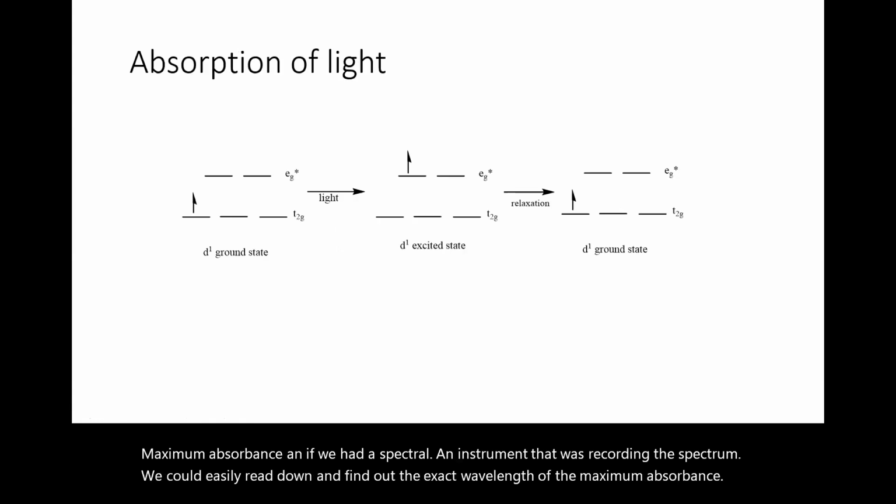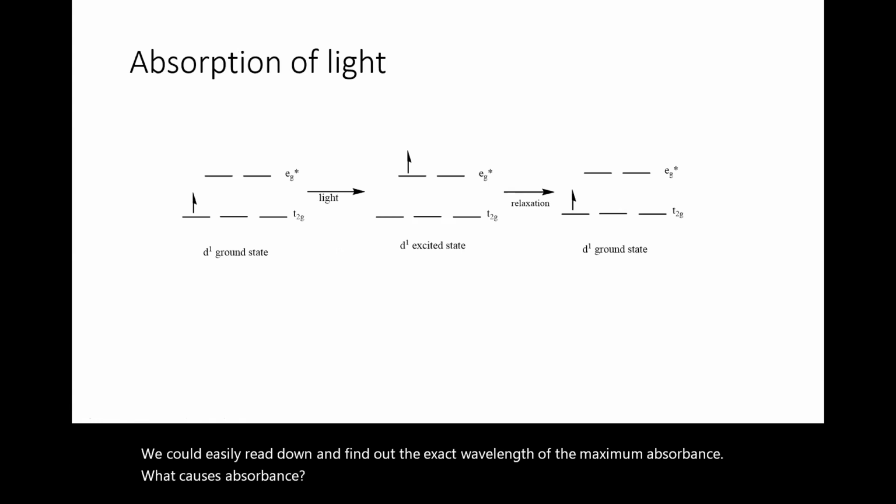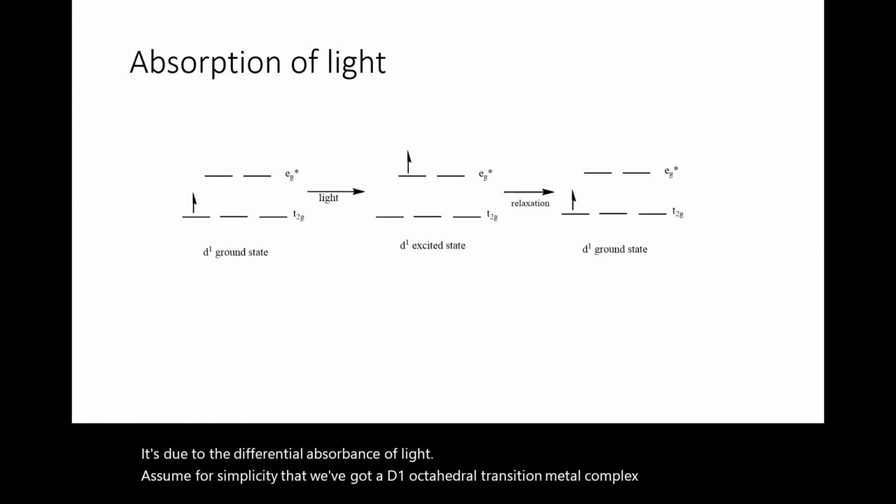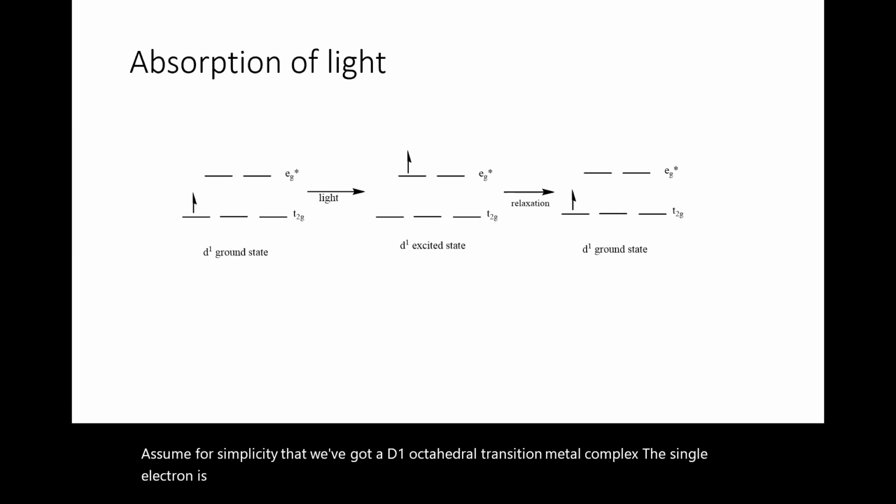What causes absorbance? It's due to the differential absorbance of light. Assume for simplicity that we've got a d1 octahedral transition metal complex. The single electron is in a t2g orbital, and that electron can be promoted if the appropriate energy of light is supplied by a photon.